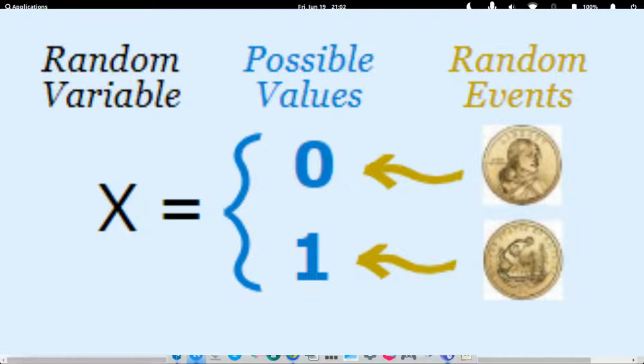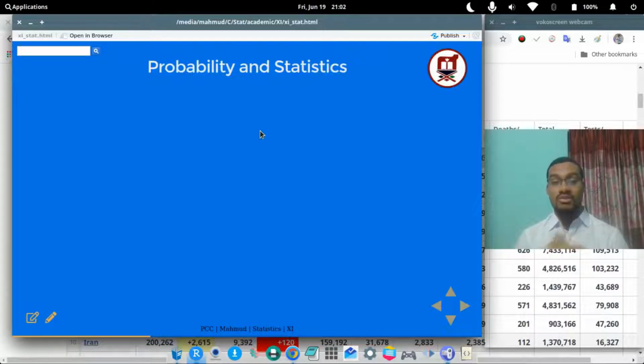We just know that one of them will appear, but we cannot say exactly which. So the event of tossing a coin is a random variable, and it is associated with probability. If the coin is fair, the probability that heads will appear is 0.5 and tails will appear is again 0.5.